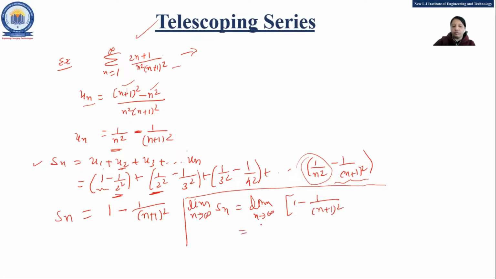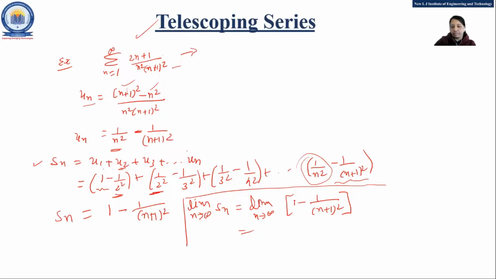So what do we do to find the limit? Any student? Meanwhile, others can write the answer in the chat box. You just need to put n equal to infinity into this equation.